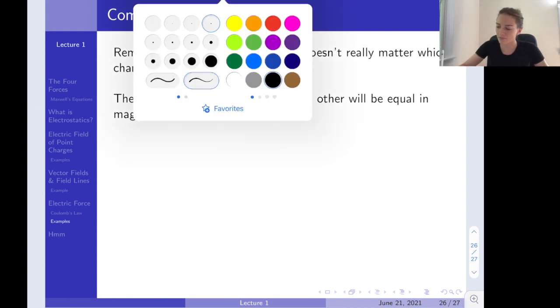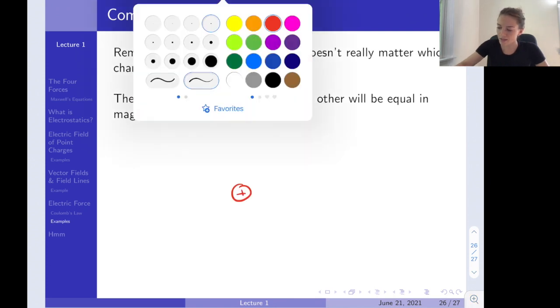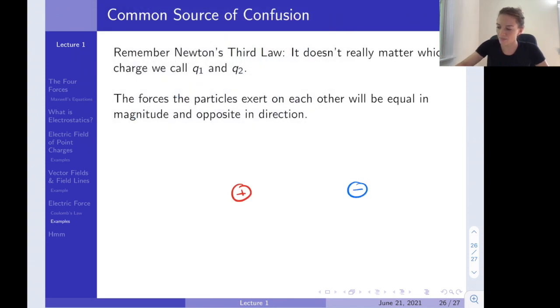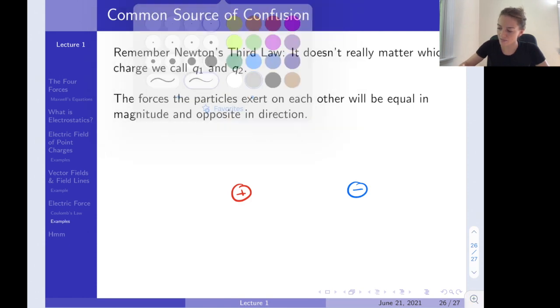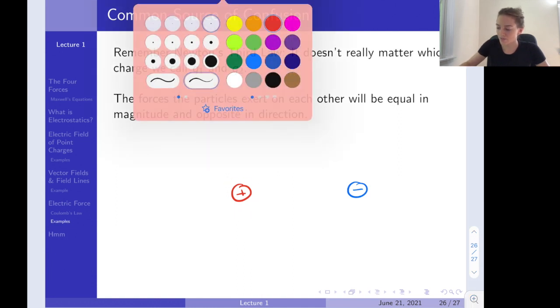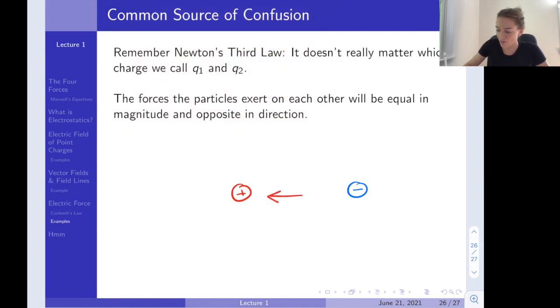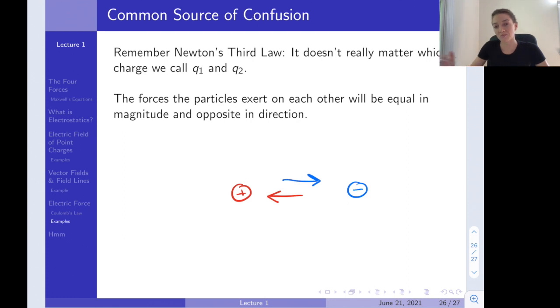If we have a positive charge here, and a negative charge here, the positive charge is going to exert an attractive force on the negative charge, and the negative charge is going to exert an attractive force on the positive charge. So they're going to be equal and opposite in magnitude.